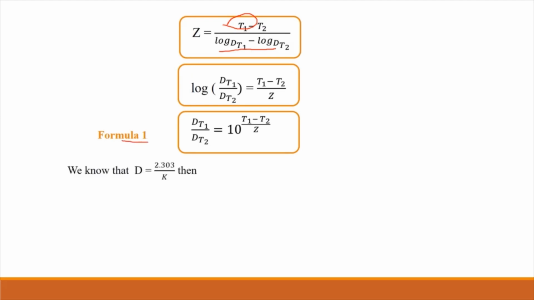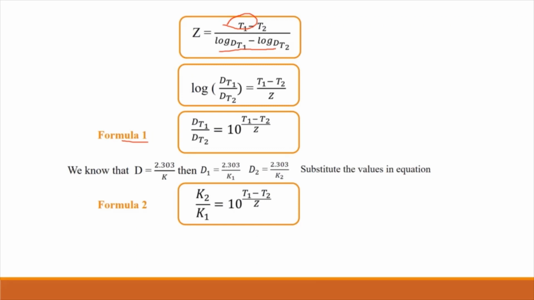We know that D equal to 2.303 by K. So we can write D equal to 2.303 by K at condition 1 and condition 2, and substitute these values in formula 1.